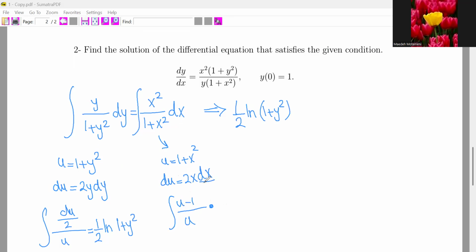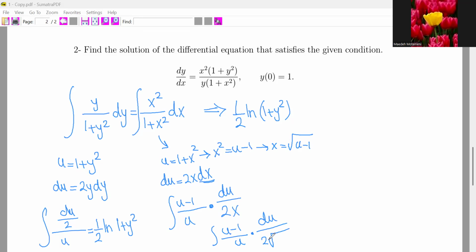Instead of dx, we would have du over 2x. And if you want to write this x in terms of u, x squared equals u minus 1, and x would be, let's say positive, the square root of u minus 1. So the integral would be u minus 1 over u times du over 2 square root of u minus 1.